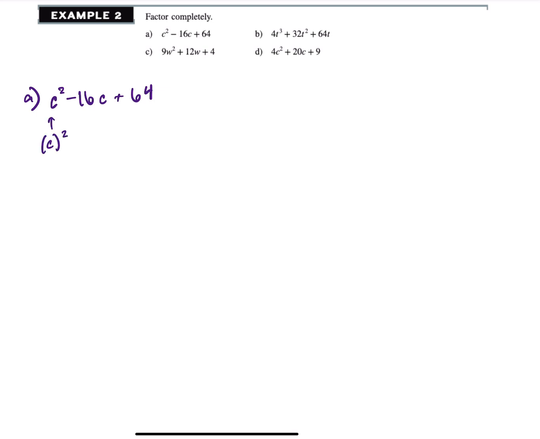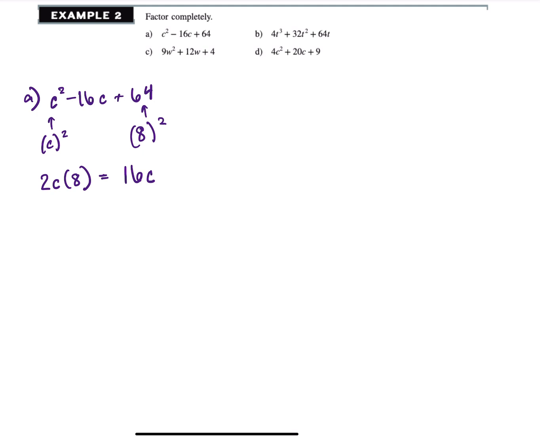And then the last term, 64, that looks like 8 squared. So what I'm checking is if I do 2 times c times 8, do I get negative 16c? If I do this, I get positive 16c.